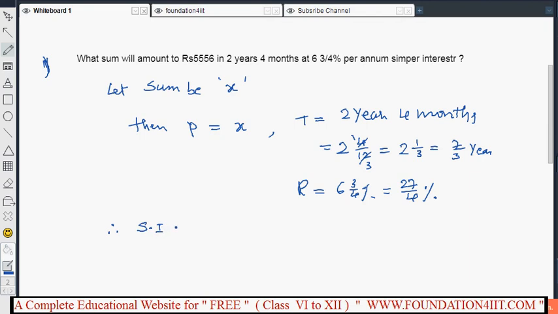So simple interest is equal to PTR by 100.